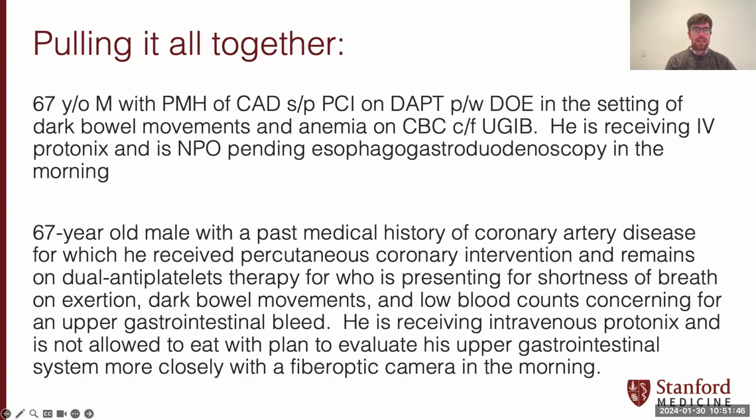Remains on dual antiplatelet therapy, presenting for shortness of breath on exertion and dark bowel movements with low blood counts, concerning for an upper gastrointestinal bleed. So he's received an IV medication to help treat the bleed, and is not allowed to eat, with a plan to evaluate his upper gastrointestinal system more closely with a fiber optic camera in the morning to see where the bleed is coming from.